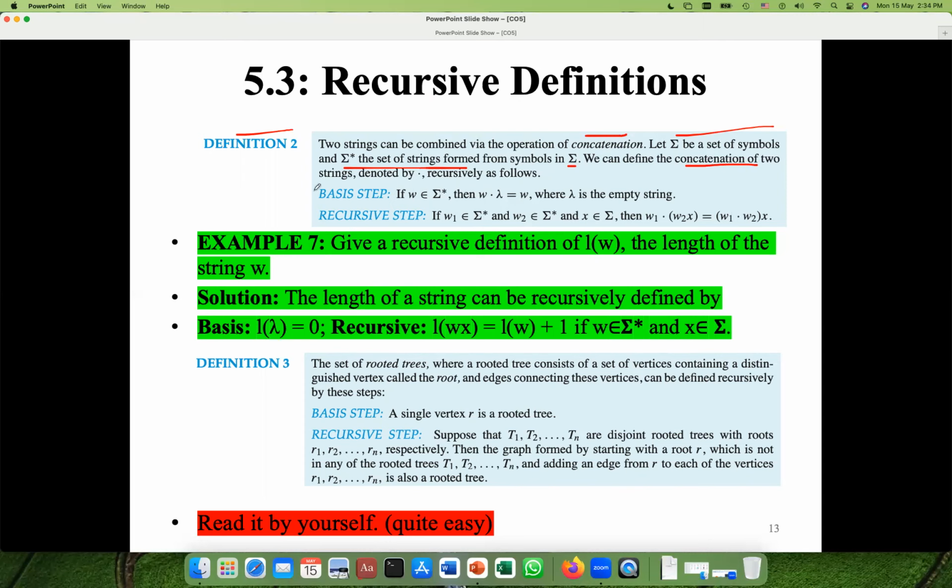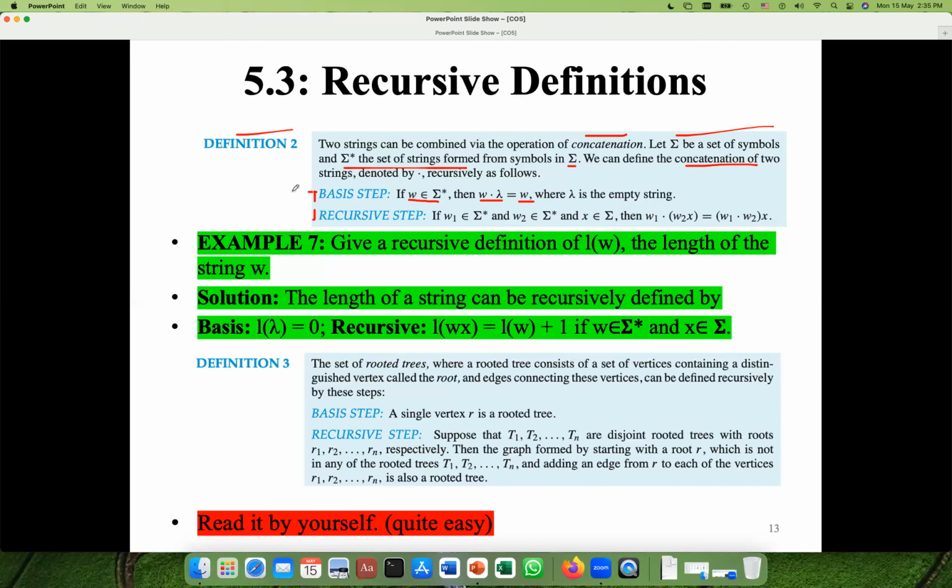So again, here you have the basis step and the recursive step. In the basis step, you have to concatenate. Lambda is the first element in the set, the empty string. If we take some word from sigma star, then you concatenate that word with lambda, and you will have the same word, because lambda is empty.